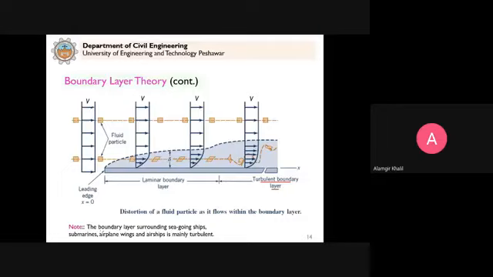The boundary layers surrounding sea-going ships, submarines, airplane wings, and airships are mainly turbulent. But we have to study both to understand the mechanics. You can see that the fluid approaches this flat plate and the boundary layer is shown on one side. It doesn't mean that on the lower side there will not be a boundary layer. No, there will be a similar situation here.